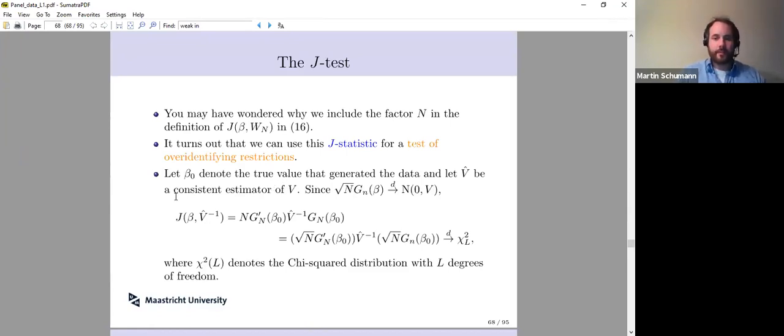Whenever we have beta over-identified, meaning we have more instruments than parameters, we can use the J test for basically testing the model.